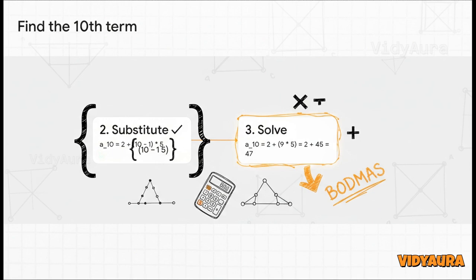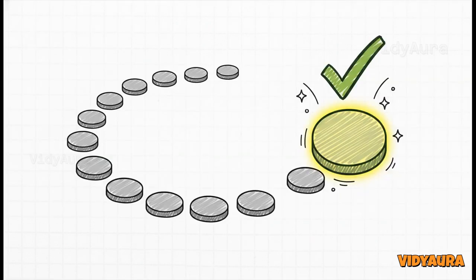BODMAS is key here. First, we do what's in the brackets. 10 minus 1 is 9. Next up, multiplication. 9 times 5 is 45. And last, we add. 2 plus 45 gives us our final answer, 47. And there it is. The 10th term in this AP is 47. See? Not so hard when you follow the steps, is it? Great job working through that with me.